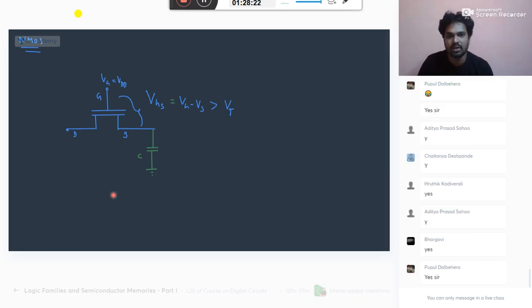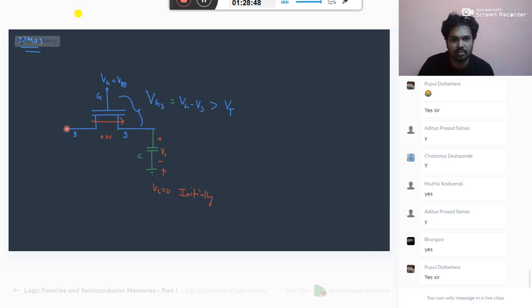Now, because I have applied this VDD, assume there is no voltage initially. Assume this Vc equal to 0 initially. So VDD minus 0 is VDD. Assume it is greater than threshold. So the transistor will be on.